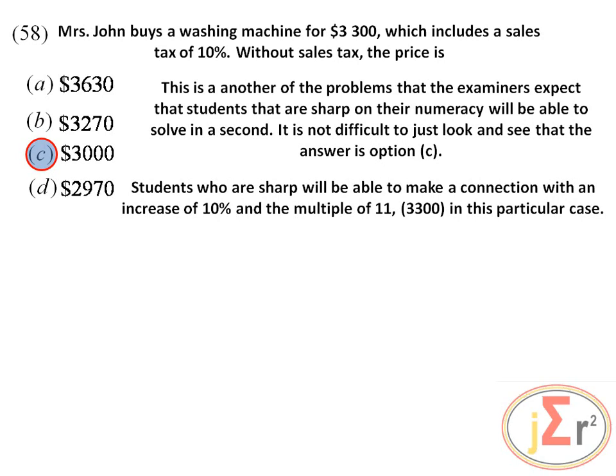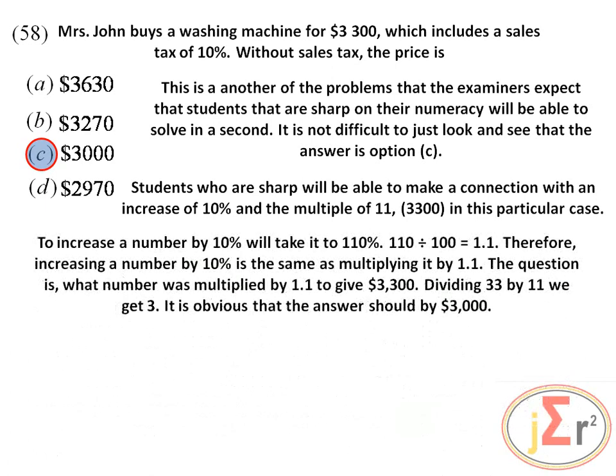So we should be able, if we are sharp, to make a connection with multiples of 11 and also an increase by 10%. Right, and the 33 that we have here in the 3,300 is a multiple of 11, so we are sure that the conversion to the original should be very simple.